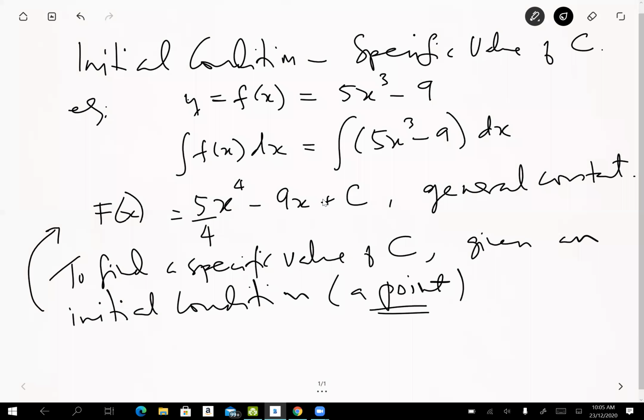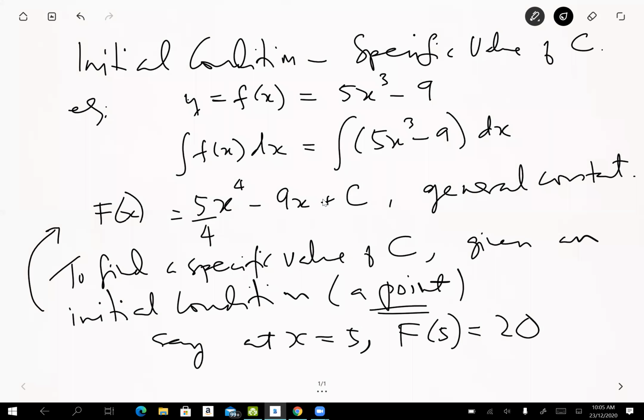So let's say at x equal to 5, f of 5 is equal to 20. So that is an initial condition.